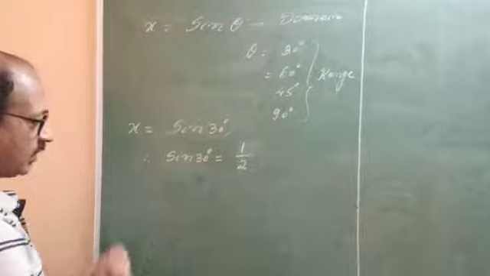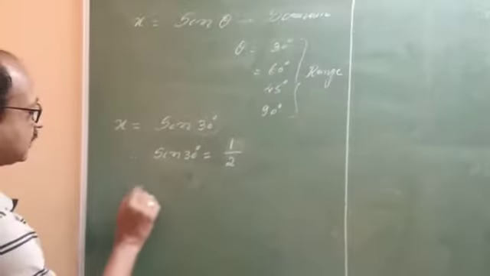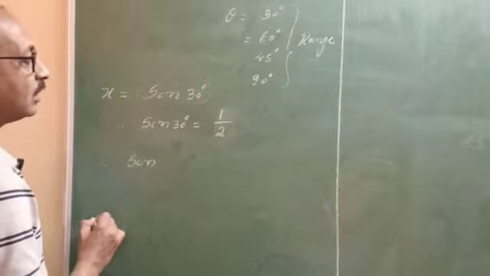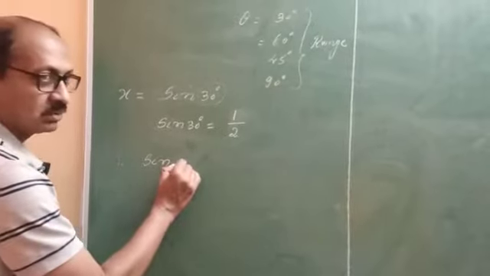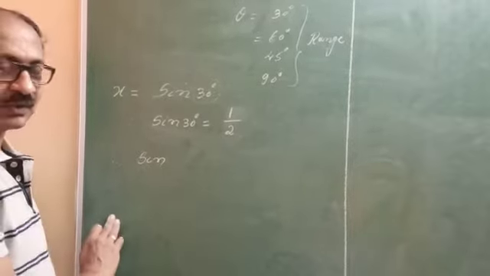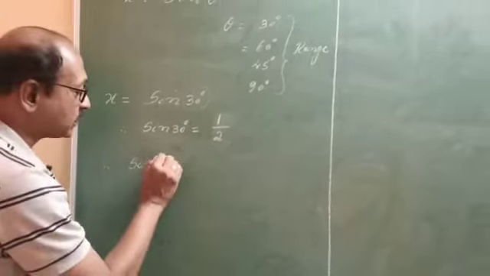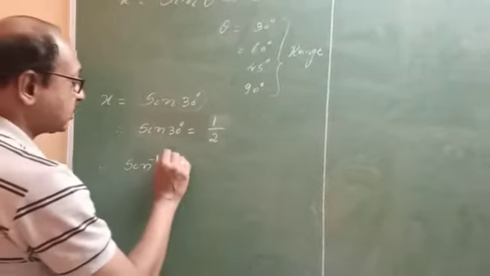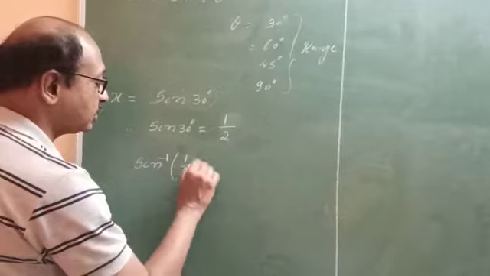Now, if a range is given, let us consider sine theta equal to 1 by 2. I can represent this as sine inverse of 1 by 2.